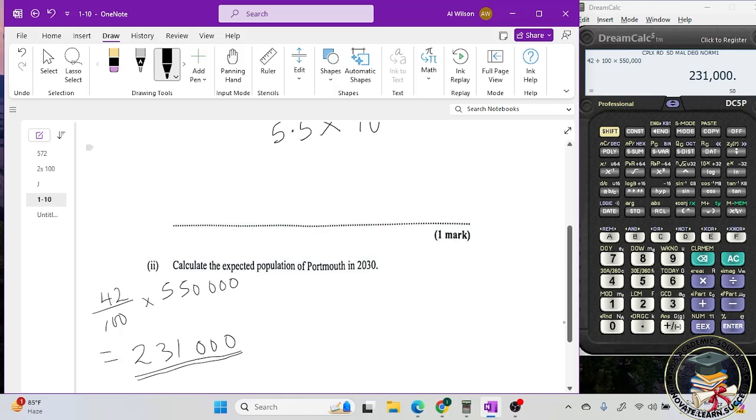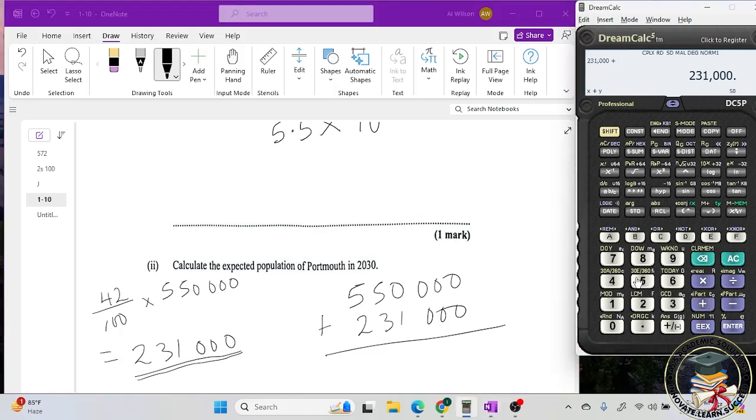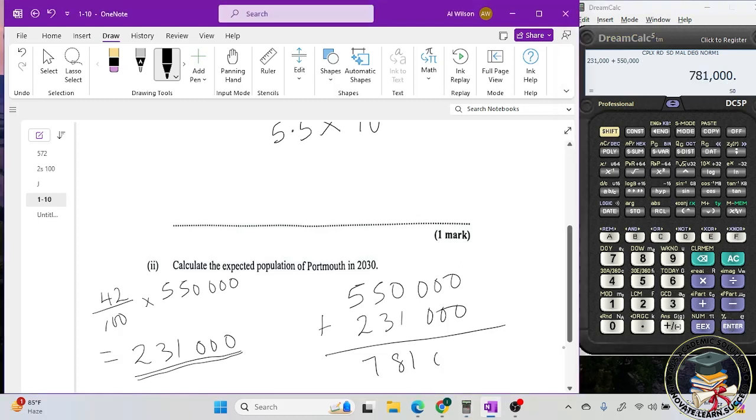So with an expected population, we're saying that no one is actually going to die. So this is 550,000 plus our 231,000. So 231,000 plus 550,000 is equal to 781,000.